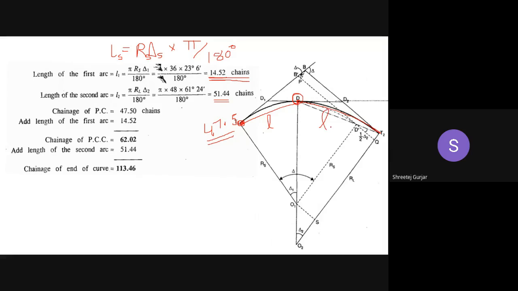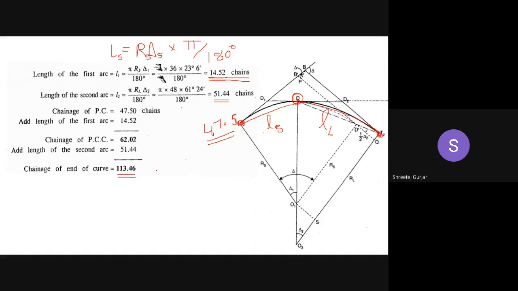Similarly, length of this long curve we can add, which is calculated in chains, okay, 51.44 chains, to the chainage of point D. If you add the length of the long curve in chains, you will get the chainage of point T2, or the chainage of the point PT, or the point of tangency.